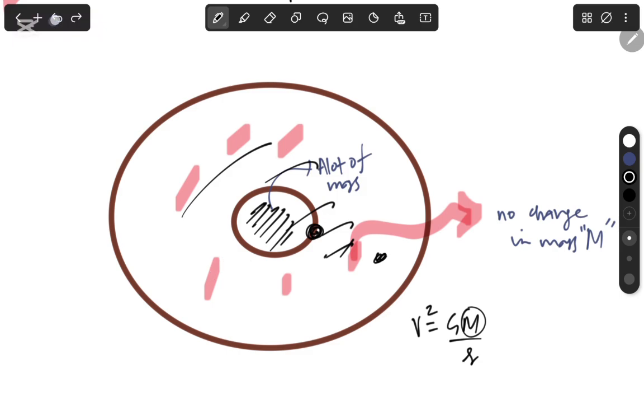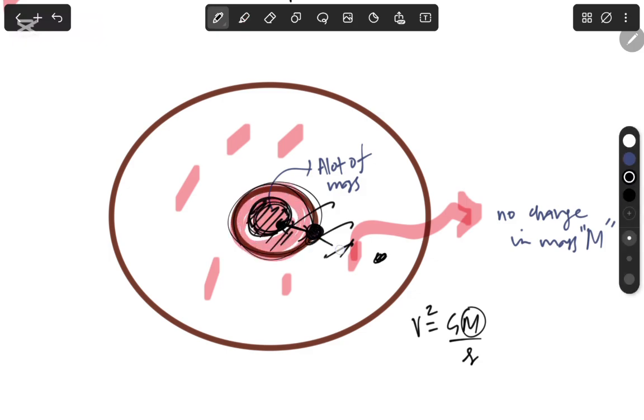So as you go from here to here, the mass increases because the region you're covering in your orbit is increasing. At first we're covering this region, then this region, so this mass will be less and this mass will be much more.